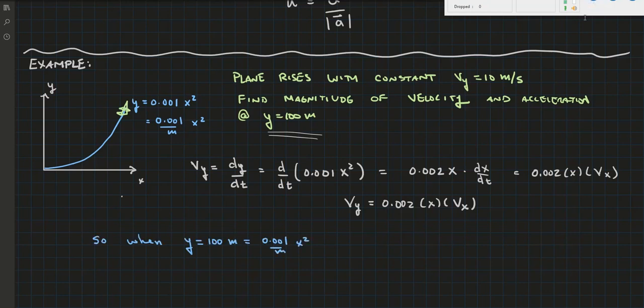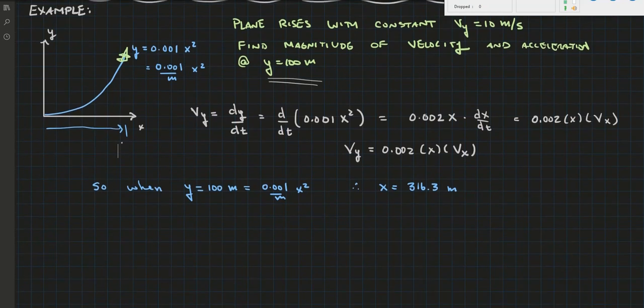And so we have this equation from the plot, and we can solve for x. And when we do that, x turns out to be 316.3 meters. And that's when y equals 100. X is this distance here of 316.3 meters. So we'll just put that x there.